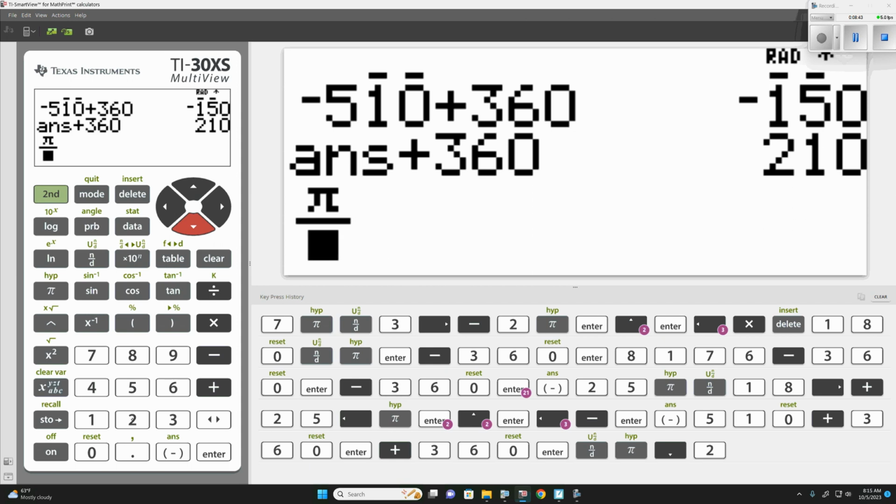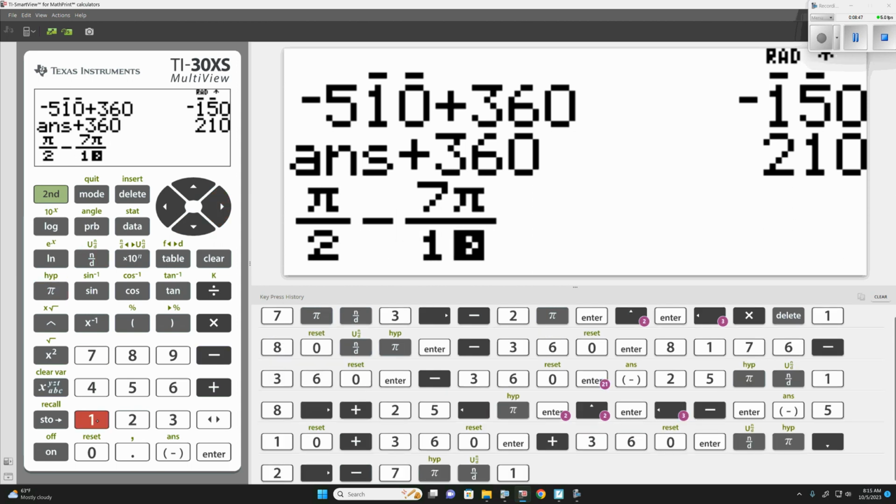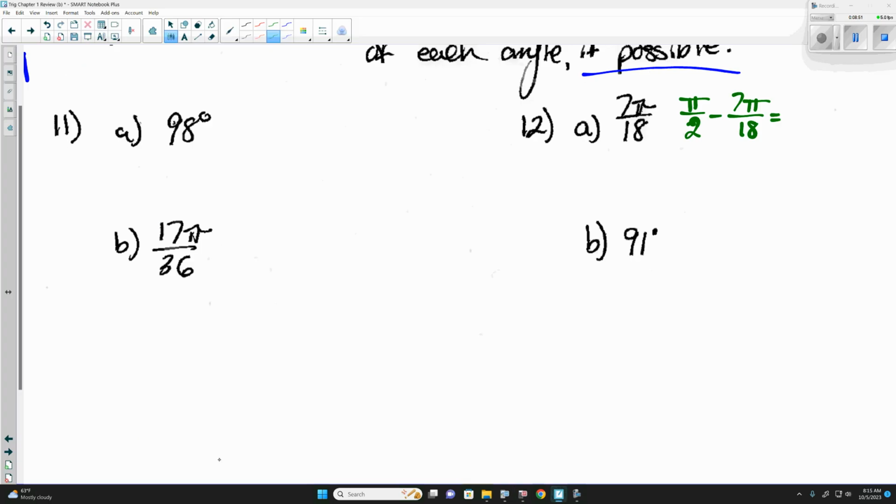Pi over 2 minus 7 pi over 18 is pi over 9. If you get a negative answer, it's not possible. There is not one, because the two angles have to be positive.